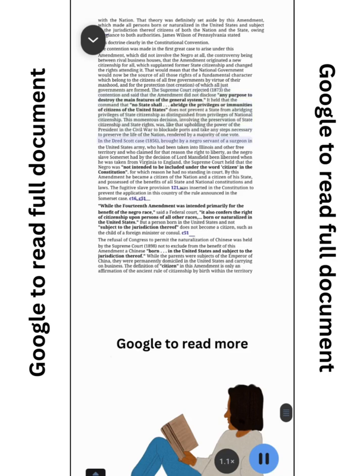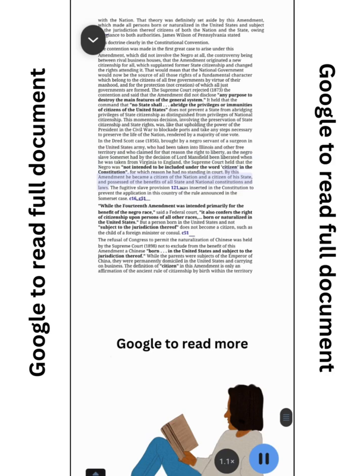In the Dred Scott case, 1856, brought by a Negro servant of a surgeon in the United States Army, who had been taken into Illinois and other free territory and who claimed for that reason the right to liberty, as the Negro slave Somerset had by the decision of Lord Mansfield been liberated when he was taken from Virginia to England, the Supreme Court held that the Negro was not intended to be included under the word citizen in the Constitution, for which reason he had no standing in court.